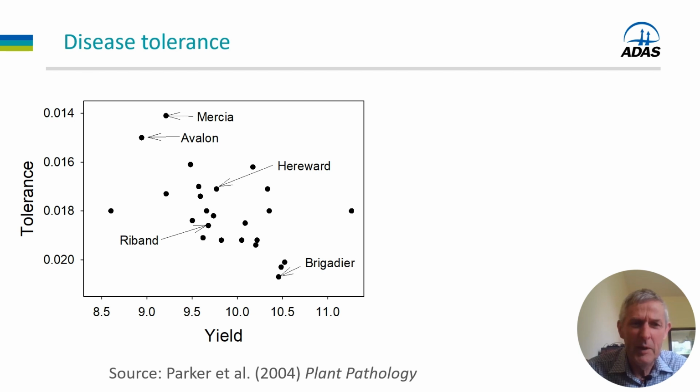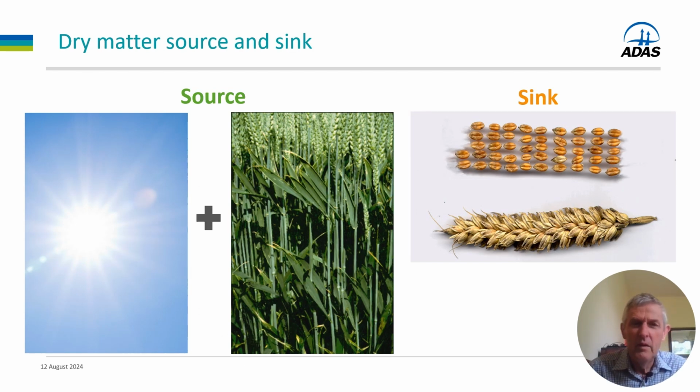So let's have a think for a moment about how this difference in tolerance might come about. In the video about which parts of the canopy need protecting, we looked at this slide where we defined the source of carbohydrate production in the plant as being a combination of the amount of solar radiation received and the proportion of that solar radiation that was intercepted by green crop canopy.